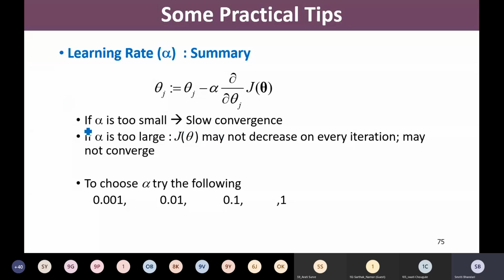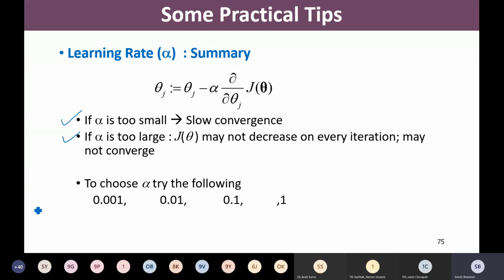So let us summarize the things. If alpha is too small, as I mentioned, we are having slow convergence. If alpha is too large, my g of theta may not decrease on every iteration, and it may happen sometimes that our algorithm may not converge, right? So we need to pick the value of alpha very carefully.